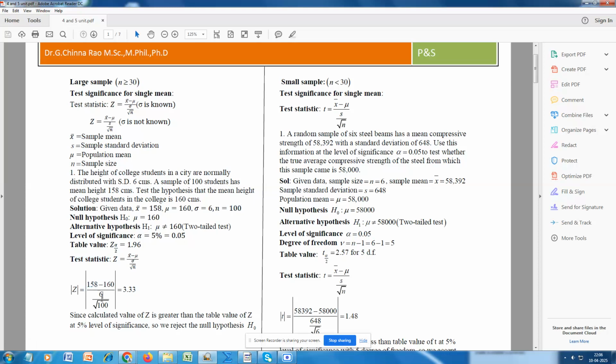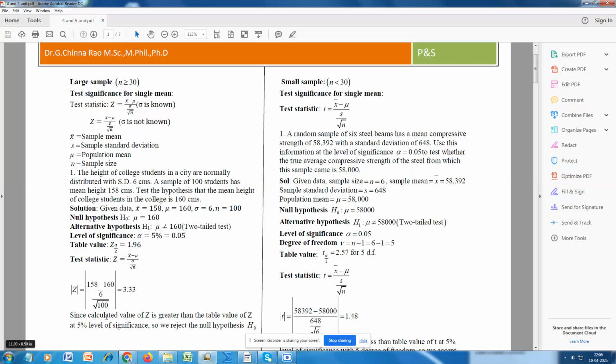Now take the modulus and calculate, and finally we have the value 3.33. Here the calculated value is 3.33 and the tabular value is 1.96.